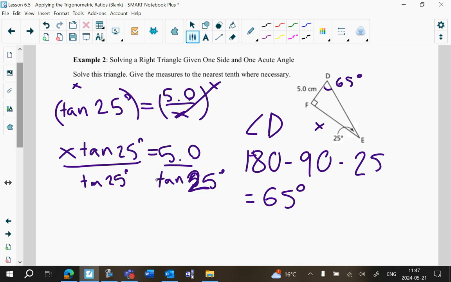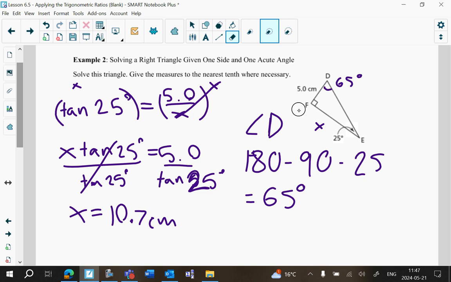I did it on the calculator. It should get 10.7 centimeters. Good. Go ahead, finish it. Excellent. Thank you.